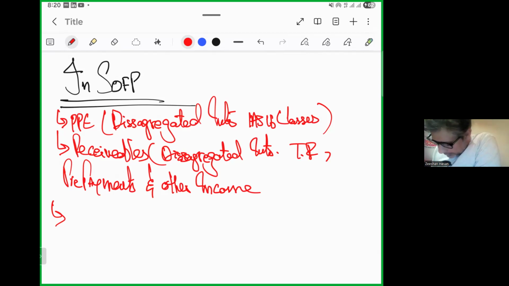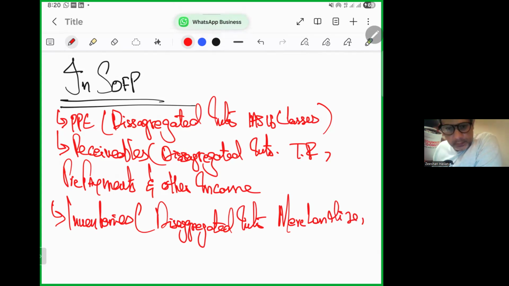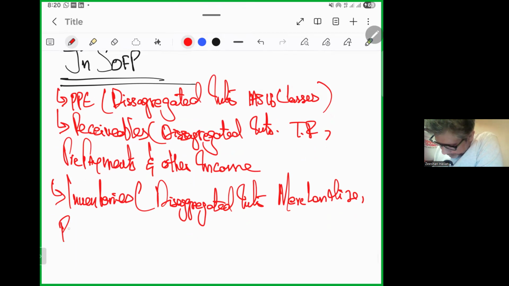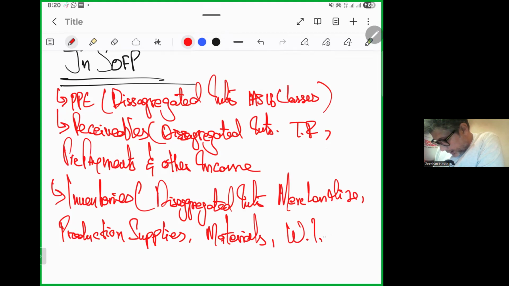Inventories are disaggregated into merchandise, production supplies, materials, work in progress.